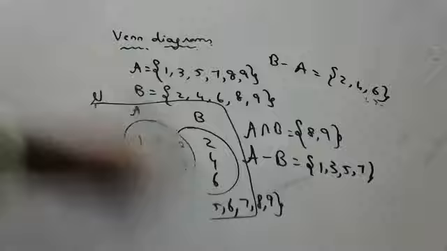One more example. Venn diagrams. Venn diagrams means a pictorial representation of elements of individual sets A, B, C, or whatever it is. Suppose, children, the universal set is 1, 2, 3, 4, 5, 6, 7, 8, 9, 10.